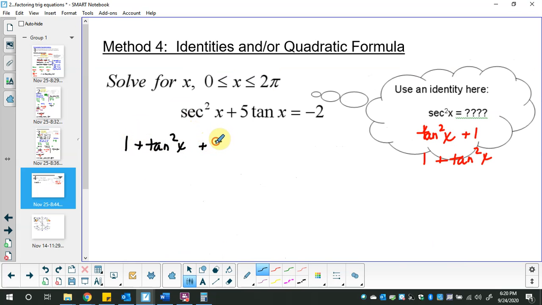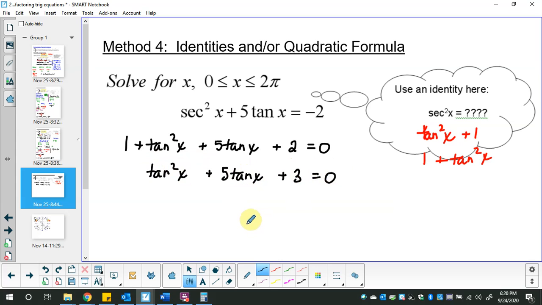I can keep writing, and I already know, based on the rest of this course, that I need a 0, so I might as well move that over. And then I can collect like terms. So tan squared x plus 5 tan x plus 3 is equal to 0.